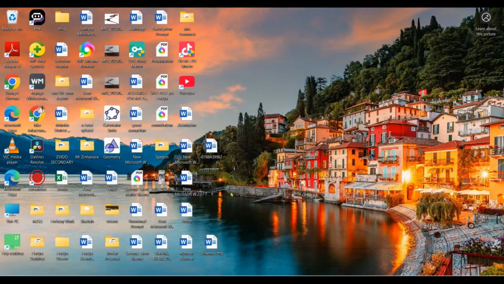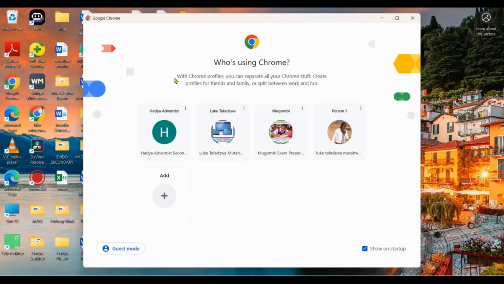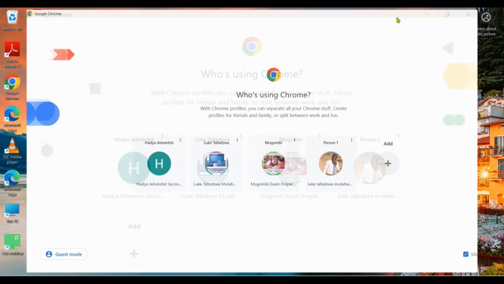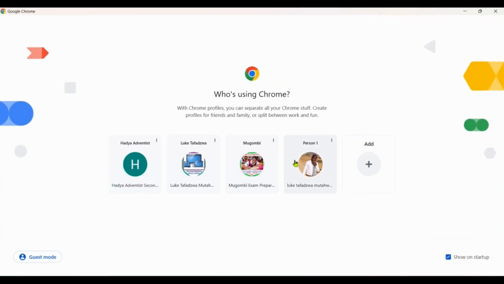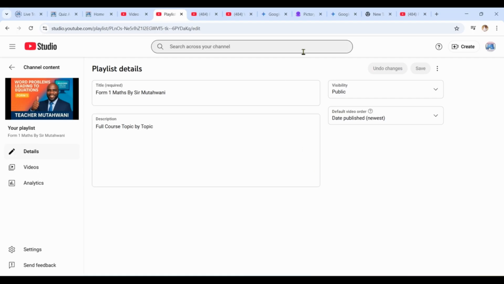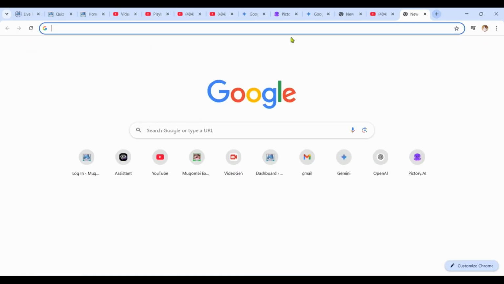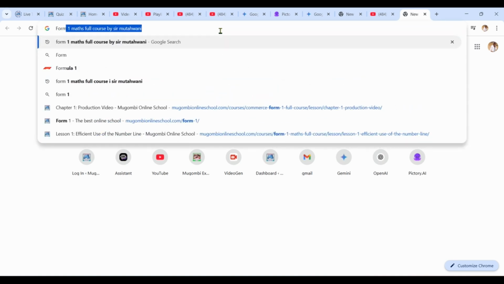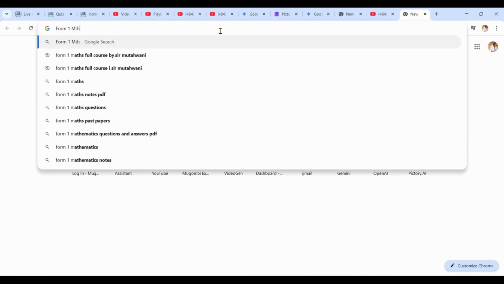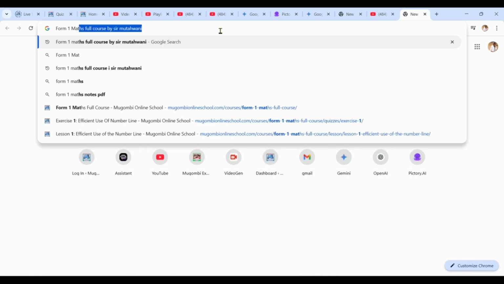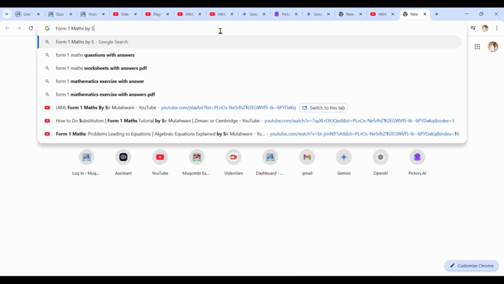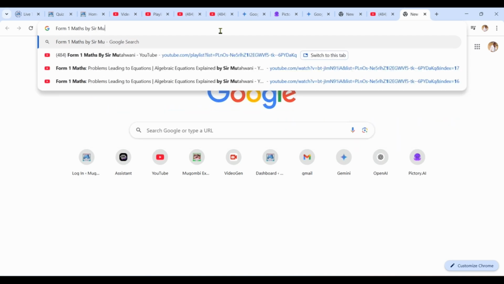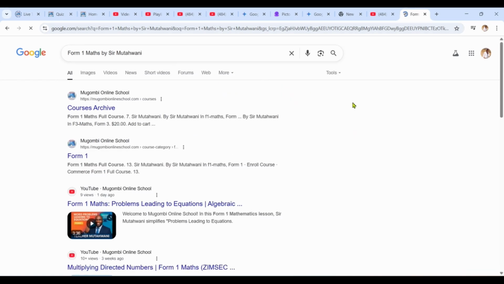If you are not sure about the properties of quadrilaterals, go on Google and search like this. Let me demonstrate here for you to understand. Just go there and search Form 1 Maths by Center One. The one like this, and search.